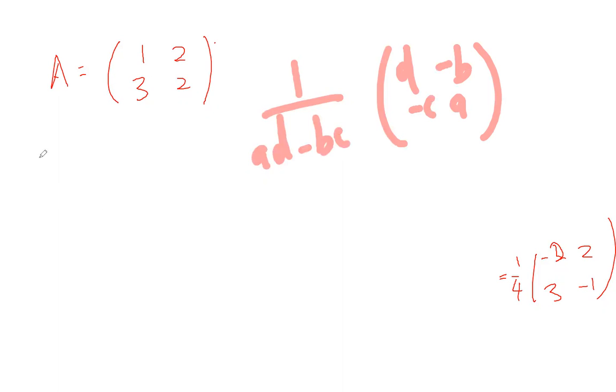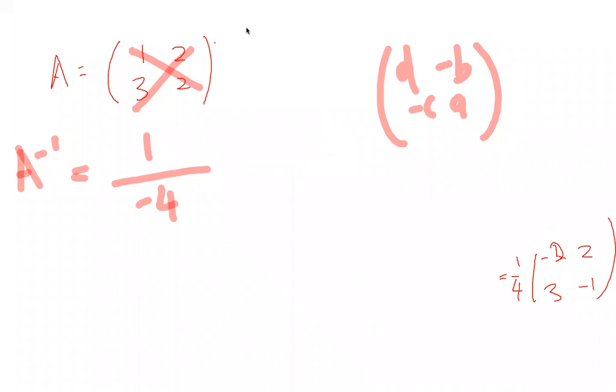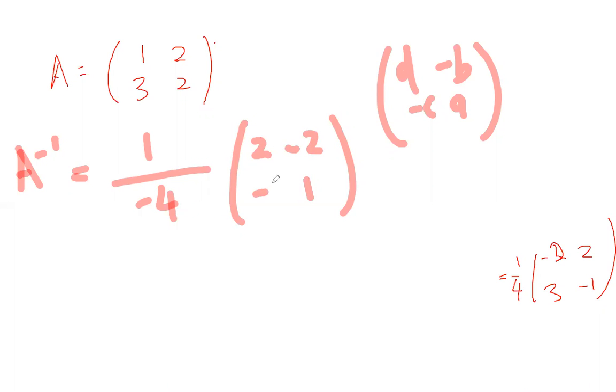So for the inverse matrix, here I straight away equal 1 over 1 times 2 is 2, minus 2 times 3 is 6, so 2 minus 6 is negative 4. Okay. And then I reverse these two numbers, 1 and 2 become 2, 1, and then negative 2, negative 3.